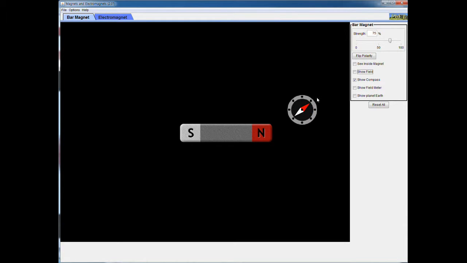So the magnetic field is still coming out. If you move further, it's still pointing away, but over here its angle is a little bit different. So in this area, the magnetic field is pointing along this direction.